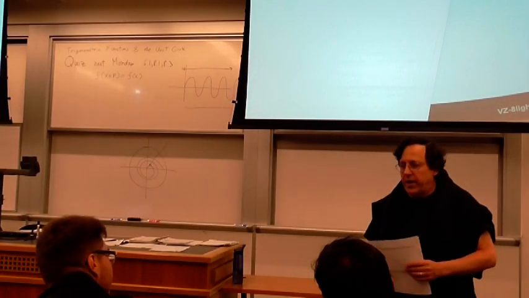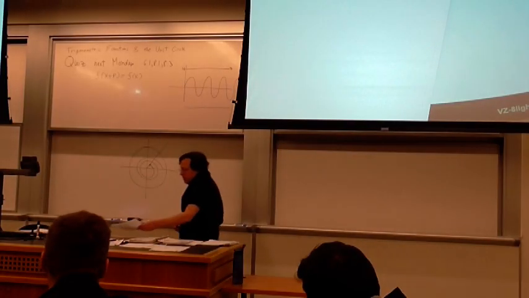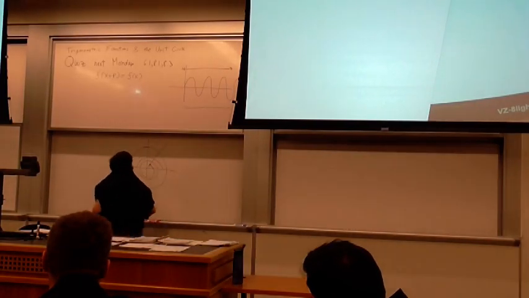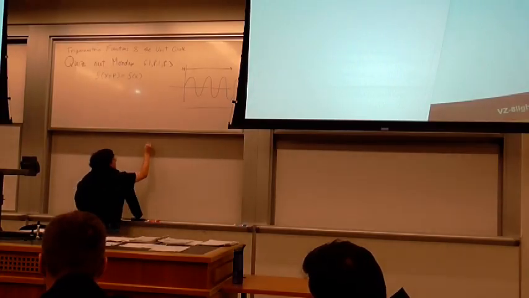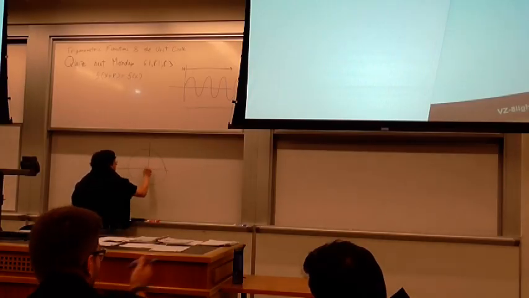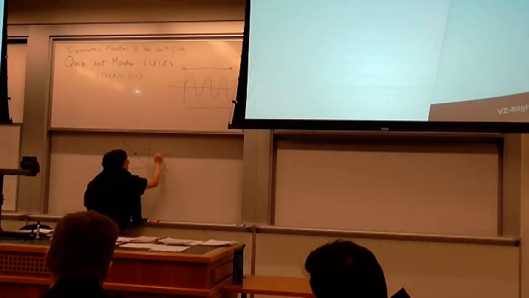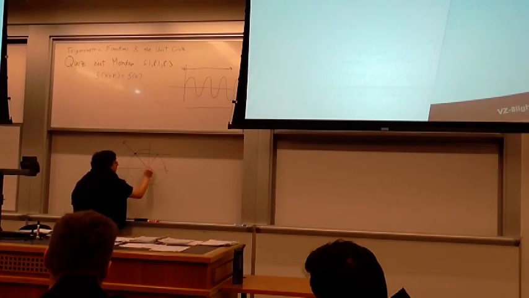Okay, so the reference angle is the corresponding angle that's in the first quadrant. So, for example, if the angle's in the second quadrant, its reference angle you get by drawing a line this way.